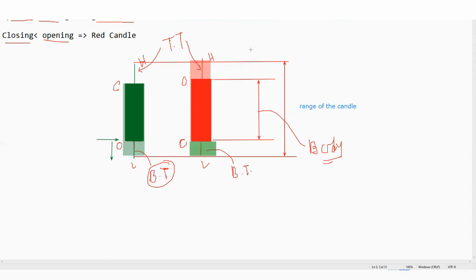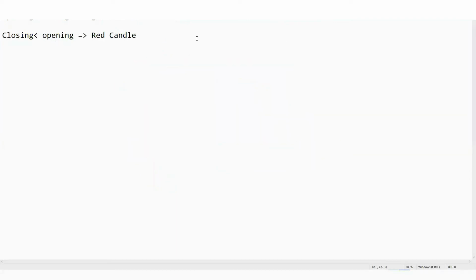That means the red candle consists of lots of sellers, and in the green candle there are lots of buyers. Okay, so this is the overall area of the candle. There are different kinds of candles. Okay, you can check, there are different kinds of candles like this. That could be a green candle.